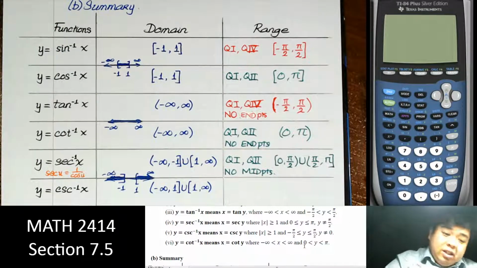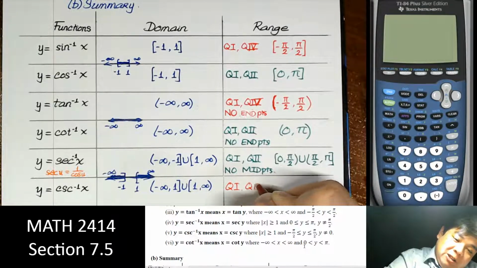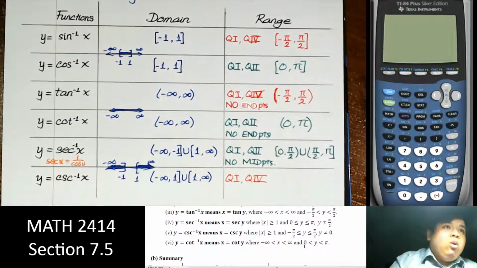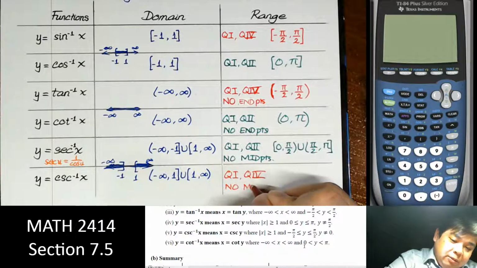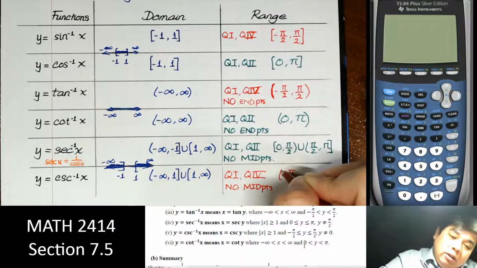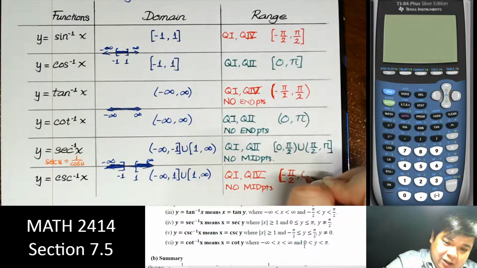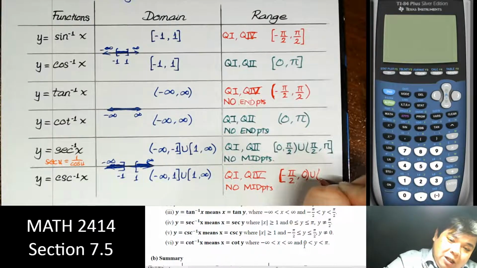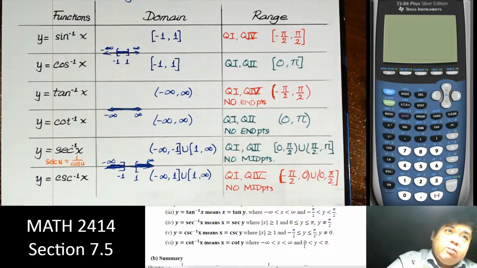And cosecant will be the same as sine: quadrant 1 and 4, except there's no midpoint. So we go from negative pi over 2, including, and then 0 to pi over 2.